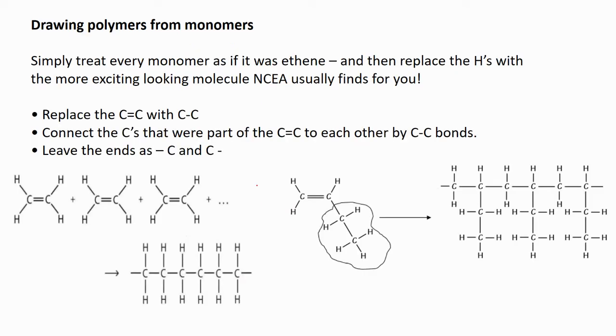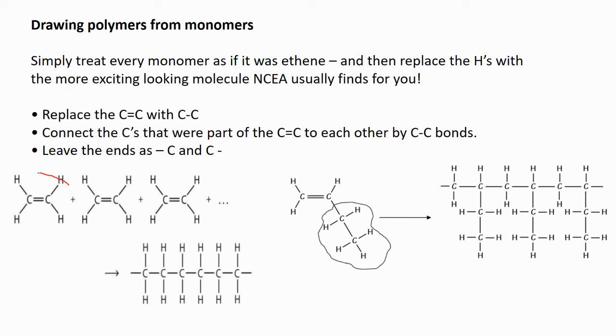Alternatively, you could be given the monomer and asked to draw the polymer. So the monomer will have the carbon-carbon double bond. So if you treat every monomer as though it was ethene, and then you just replace the hydrogens with the more exciting looking molecule that the exam usually finds for you. So the process is, you start with the monomer.